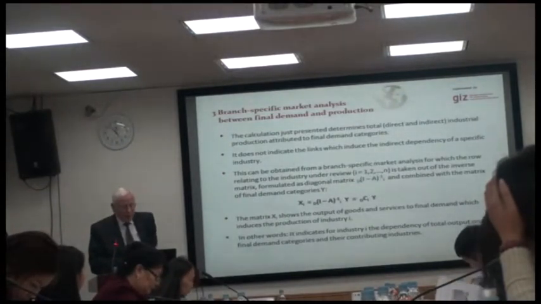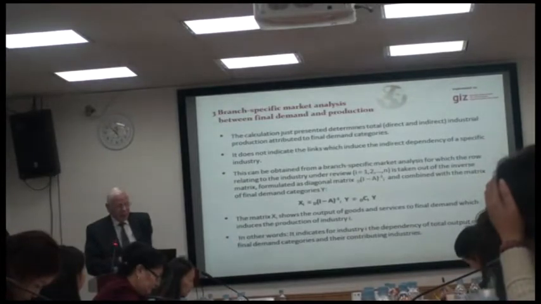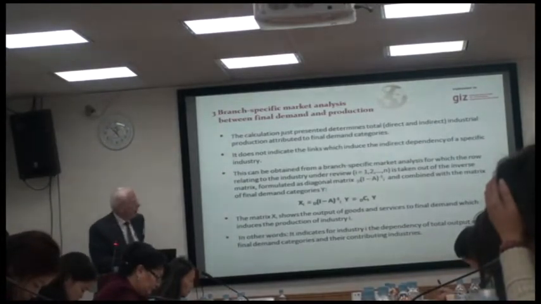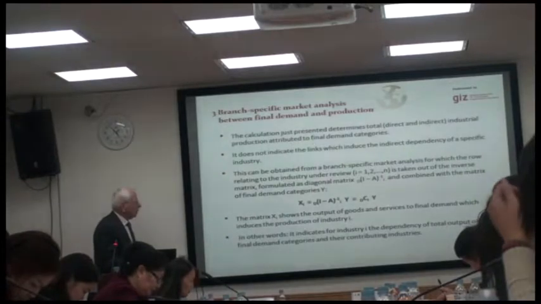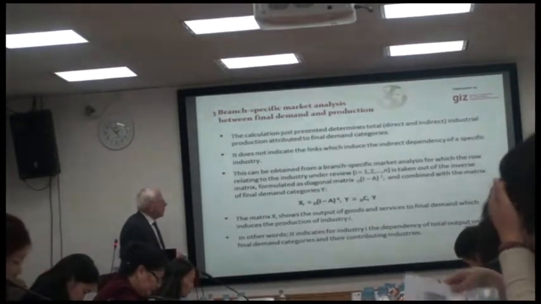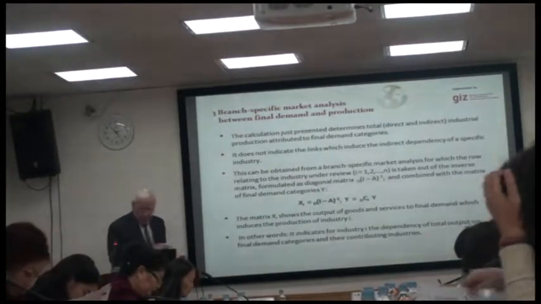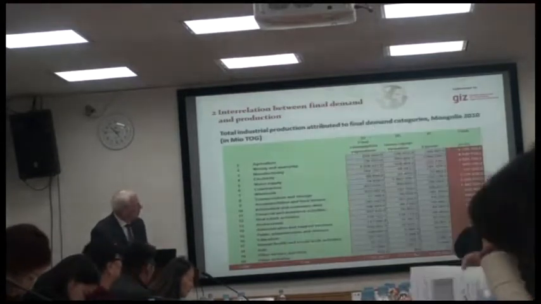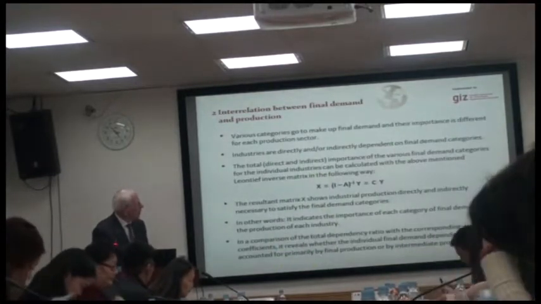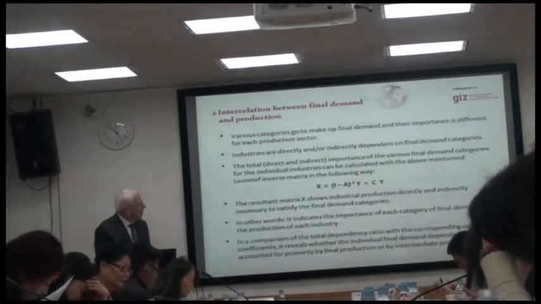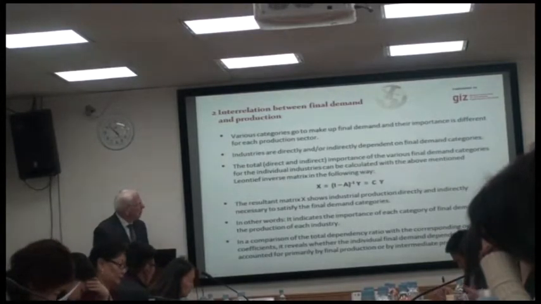And we combine it again with the same matrix of final demands, category Y. Here you see X, Y explains now, I think before we had only the total formula. Here, it's only X, we have only I minus A inverse, and we have Y.